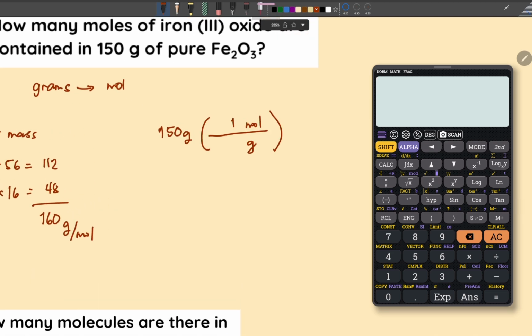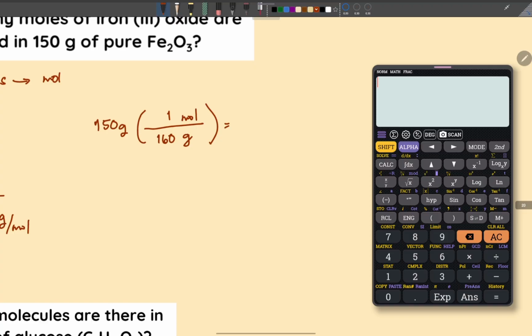So we have here 1 mole and then 160. So that will be 150 divided by 160, 0.94 moles.